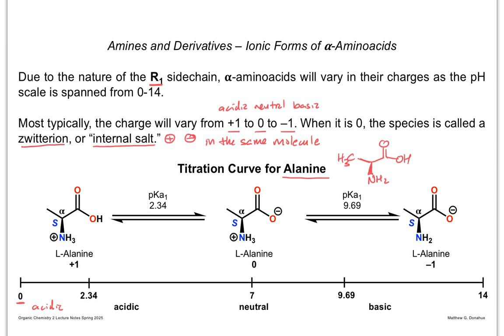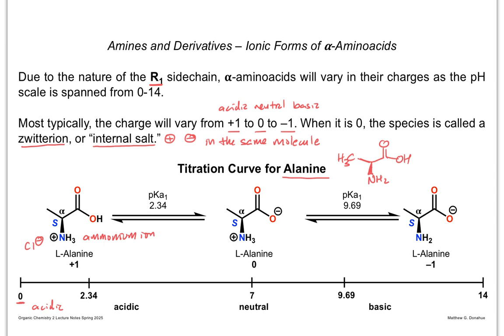So take, for example, we have alanine, we've added, say, HCl to it. That's going to result in the amine being protonated. When the amine's protonated, it forms the ammonium. And again, if we were using HCl, this would be balanced off by a chloride anion.